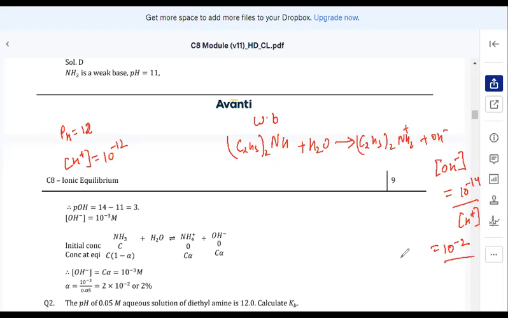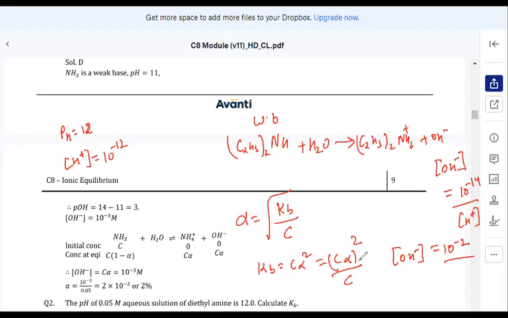Okay, very good. So this is the concentration of OH minus, and we know that alpha is equal to root Kb by C. So Kb is equal to C alpha square, or it is equal to C alpha whole square by C. Agree, everyone?